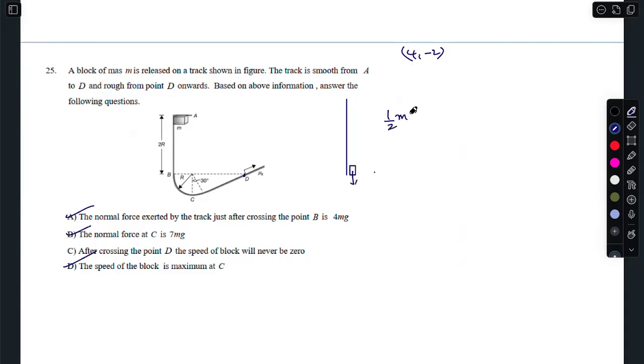Half mv square is mg2, or m cancels. V square by R is 4g. Right. So you are asking for the normal reaction. So therefore, in a pseudo force, which means centrifugal force, you will take a part. Centrifugal force.